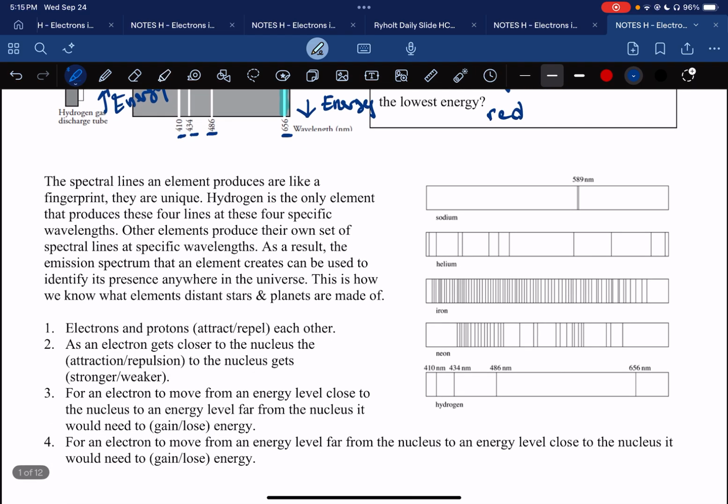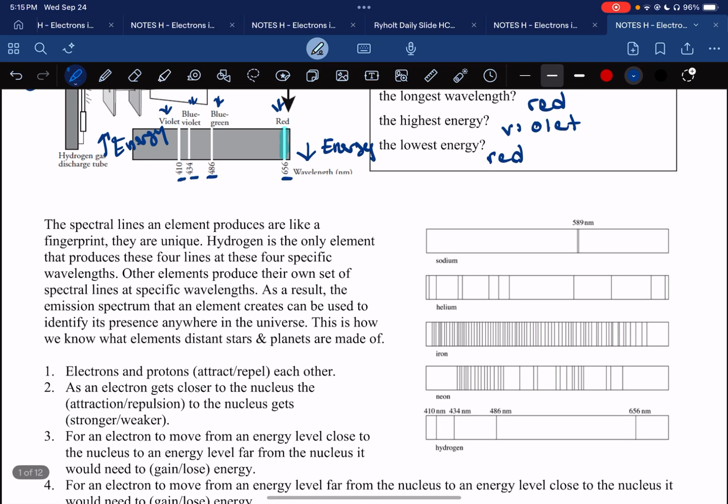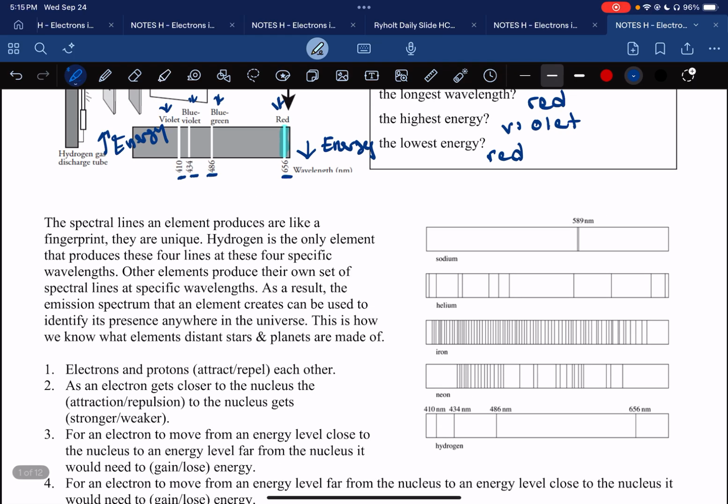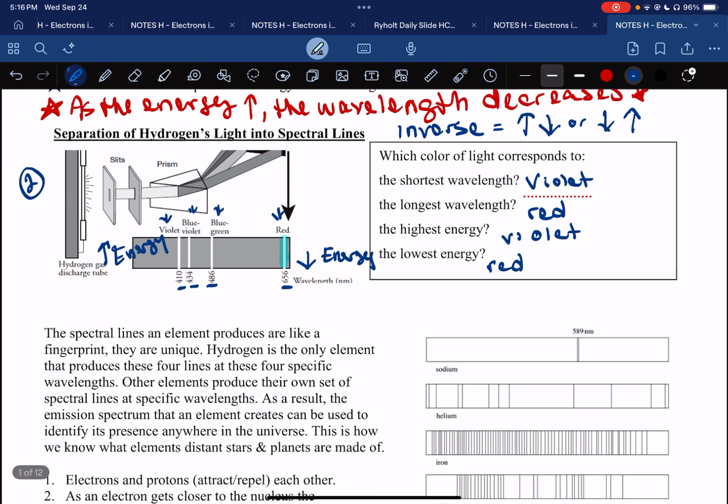Over here to the right, we have some different bright line emission spectra, and they're all different. Sodium has this one line right here at 589 nanometers. Helium looks a little different. Iron looks different. We can assume these are different colors because all these different colors are associated with different wavelengths, and so that is why we would get all these different colors.